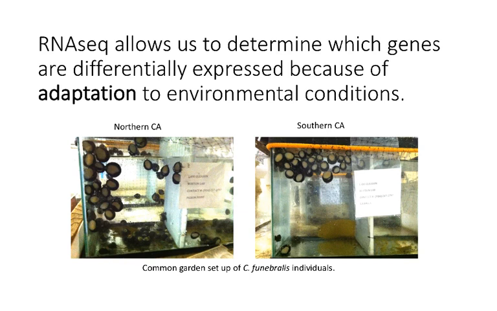We can also, though, use RNAseq to help us determine which genes are differentially expressed, not just because of recent environmental differences, but specifically because of adaptation to environmental differences. Those adaptations are things that have been happening evolutionarily throughout generations.